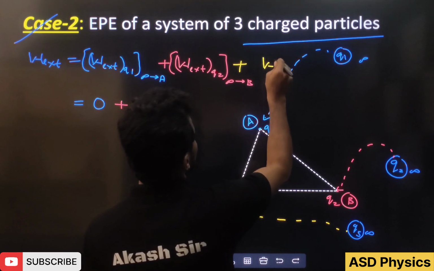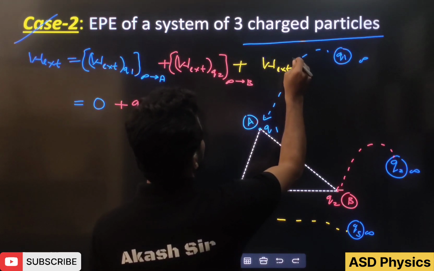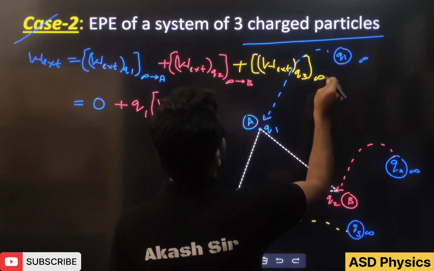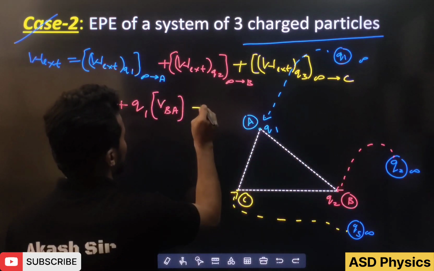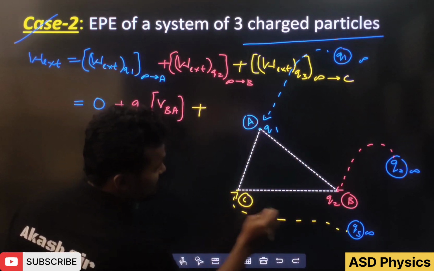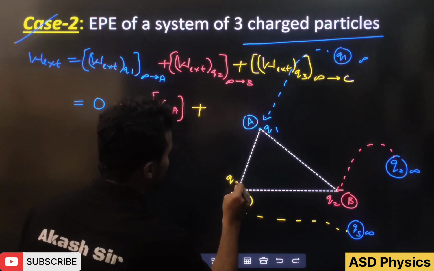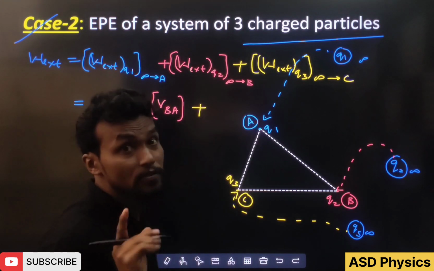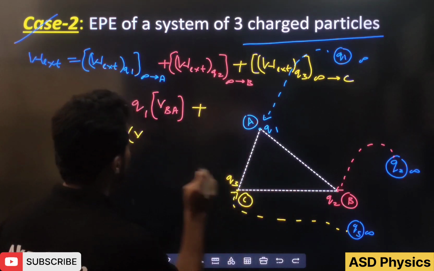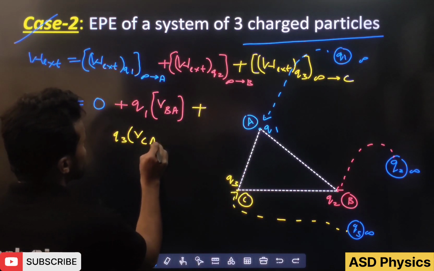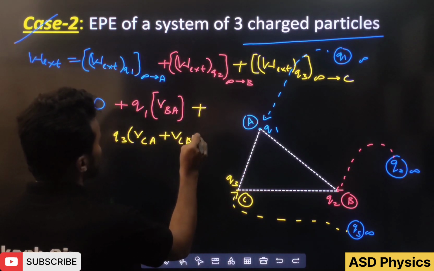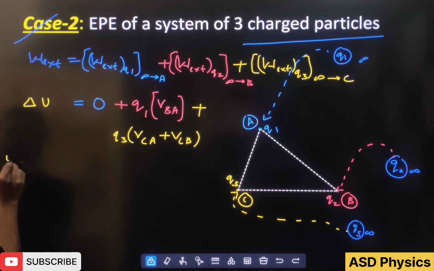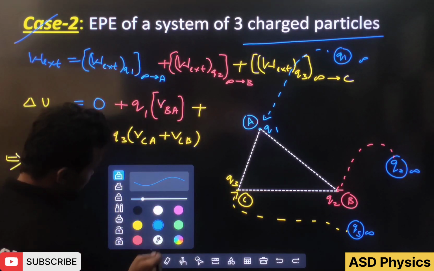That means we can write the work done by the external force to take the charged particle Q3 from infinity to C. So plus Q3, coming in the electric field of two charged particles, Q1 and Q2. So we can write the potential at point C due to A plus the potential at point C due to B. And this total will become delta U.